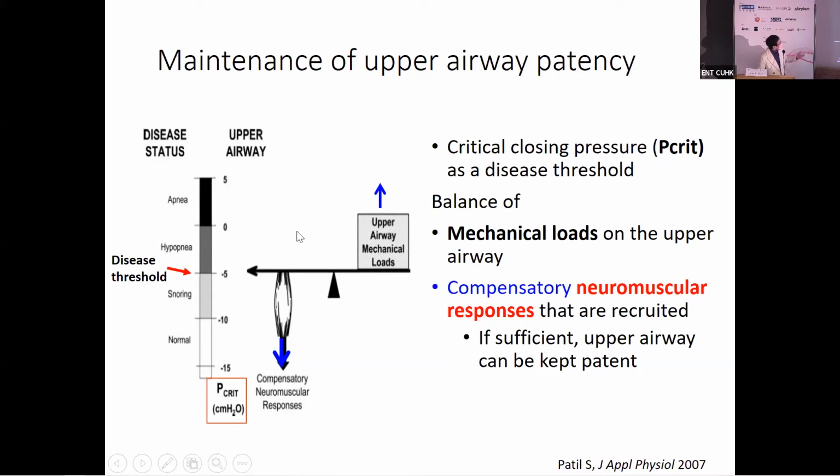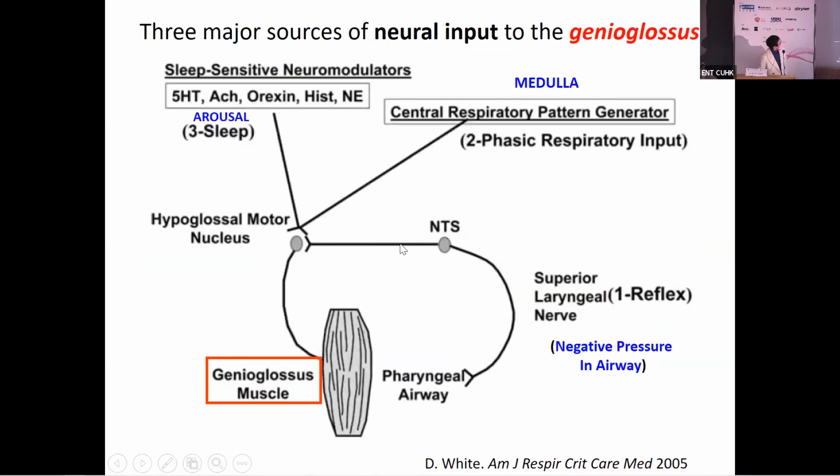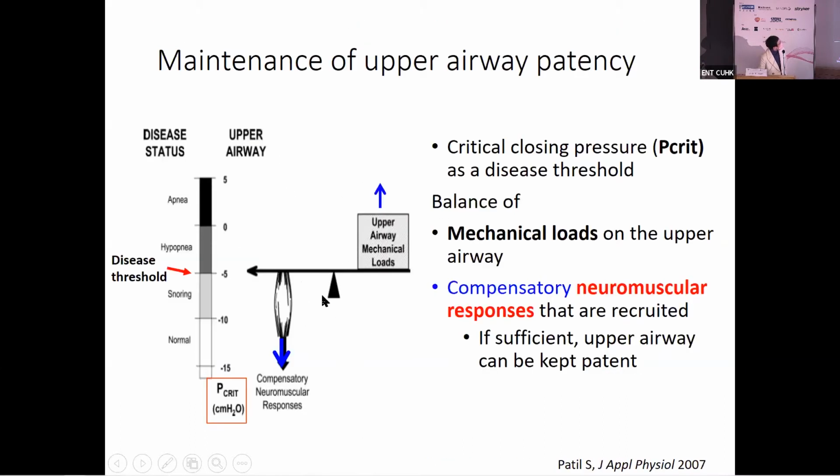Okay, it's usually more than 0. To keep the airway open, you need a compensatory neuromuscular response. So a patient with a good compensatory neuromuscular response can keep the critical closing pressure at least less than 0.